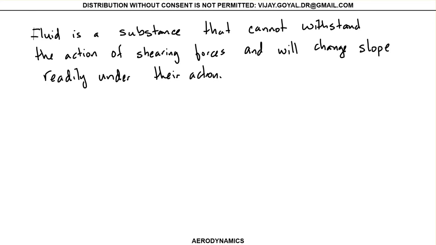Okay? So given that definition of what a fluid is, we get two different types of fluids. The fluids can be categorized into two separate parts. Ones are liquids. Liquids, for the most part, are incompressible.